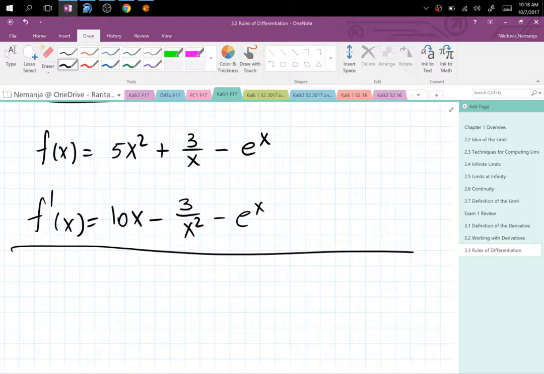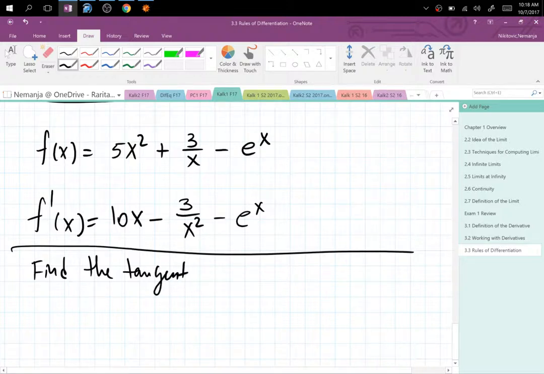So find the tangent line to the function f of x equals e to the x at ln 3.